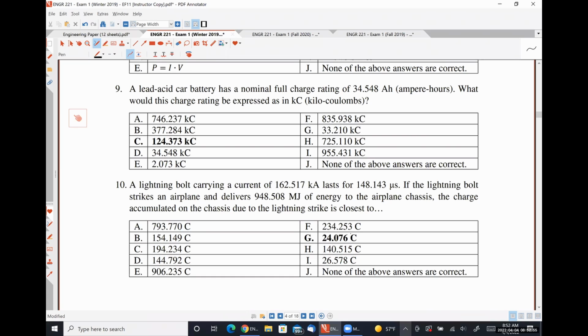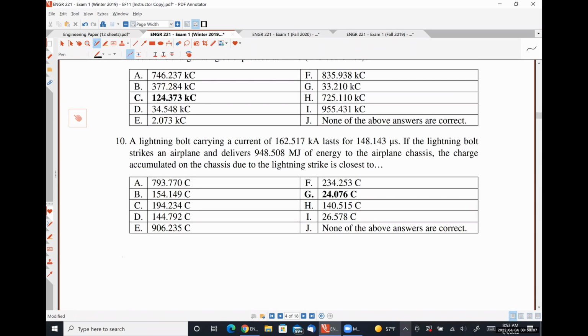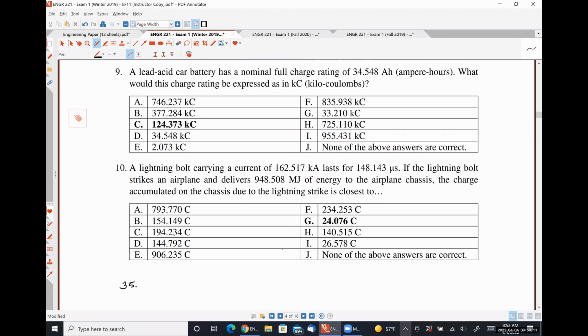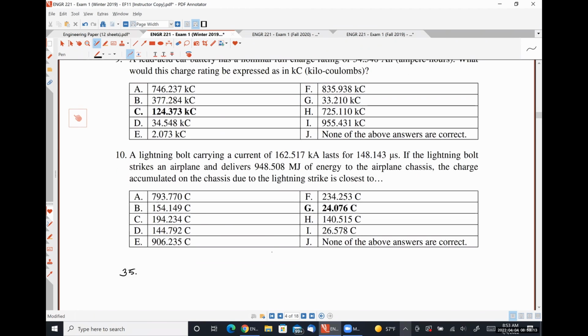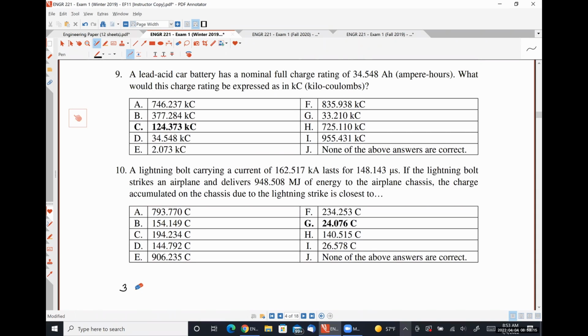So number 9, we have a charge of 34.548 amp hours.